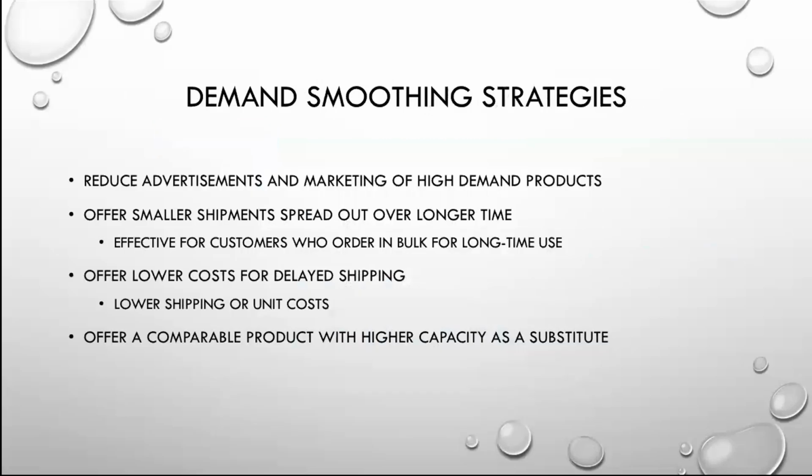So here are some demand smoothing strategies. I've pulled these from places like Amazon. Boeing uses some of these. There's probably a lot that I did not list here, but these are the most common ones. When you look at marketing materials, when they talk about demand smoothing, they talk about reducing advertising and marketing.